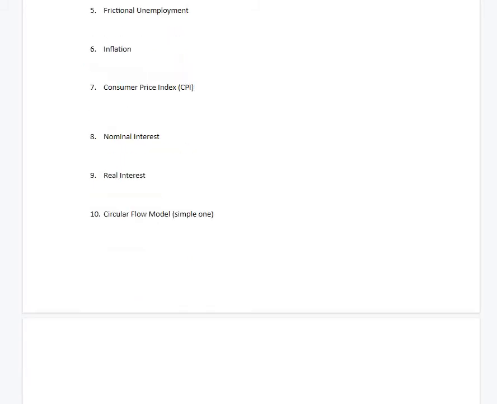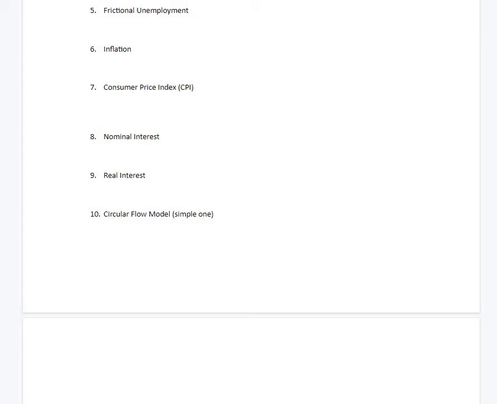Nominal interest, I should say rate. I guess I forgot to add rate. Nominal interest rate is just the interest rate you pay to borrow money, or that you earn from banks when they borrow your money. So it goes both ways. Typically, though, when we're talking about interest rates, most of the time we're talking about borrowing money.